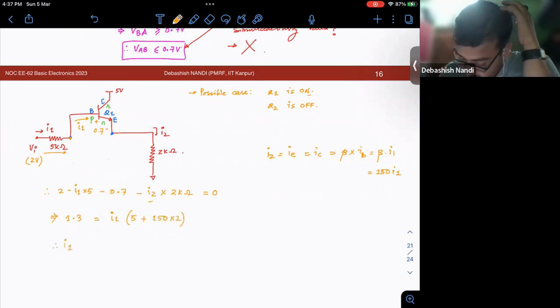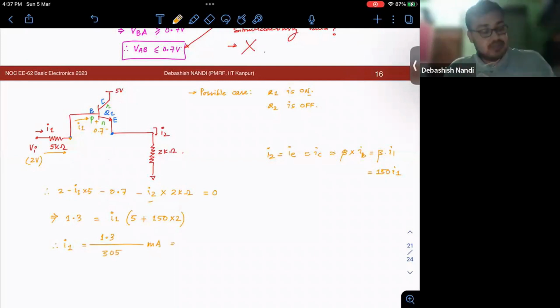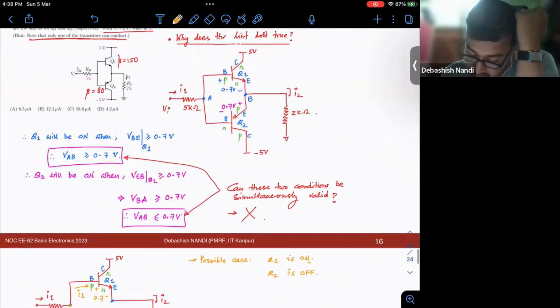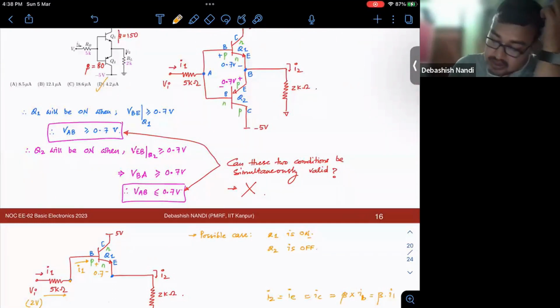So my I1 is 1.3 divided by 305 milliampere. 1.3 divided by 305 is 4.26 into 10 raised to minus 3 milliampere, that is 4.26 microampere, right? Do I have an option? Yes, your D is the right option.